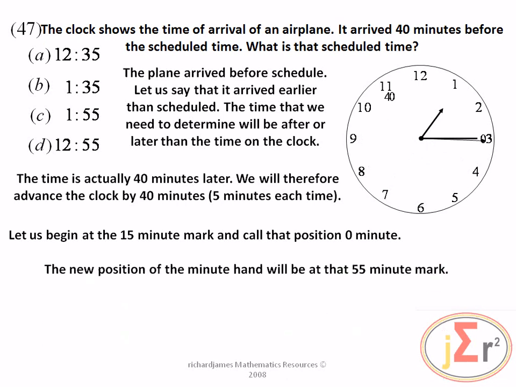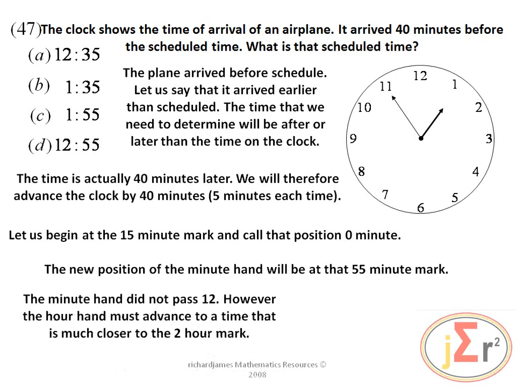The new position of the minute hand will be at the 55-minute mark. That is where we have counted to 40, right there. So the new position of the minute hand will be right there. The minute hand did not pass 12.